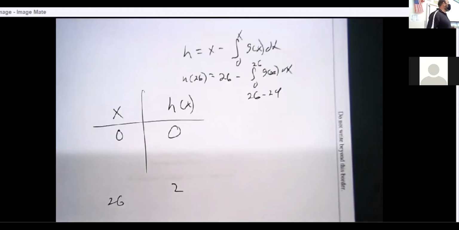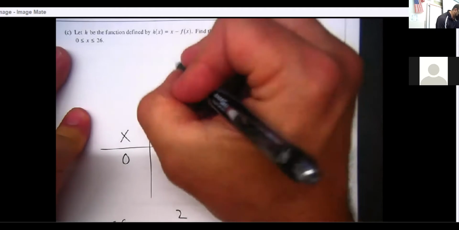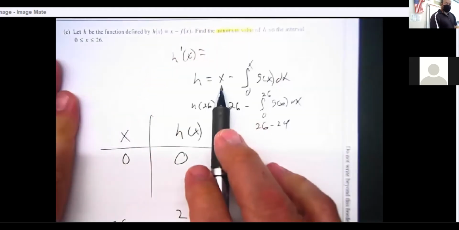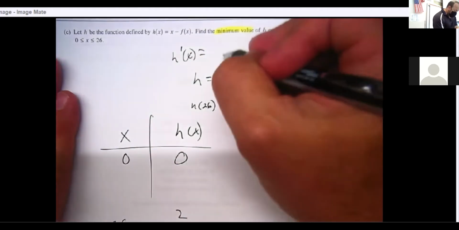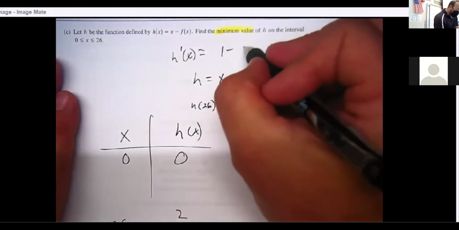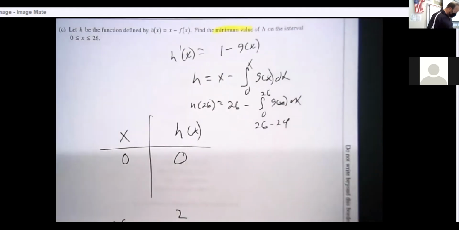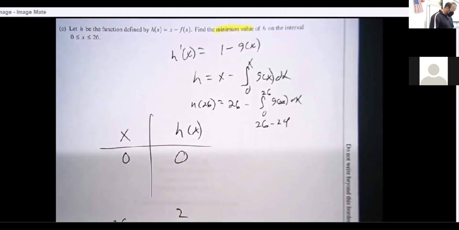Now we're finding the minimum value. So far, what's the minimum? 0 it is. But then the last part of finding a minimum is taking the derivative. So what is the derivative of h? What's the derivative of this part? 1. The derivative of this would be g of x itself. So if I want to plug in this thing and set it equal to 0, I want to know when. I set that equal to 0.